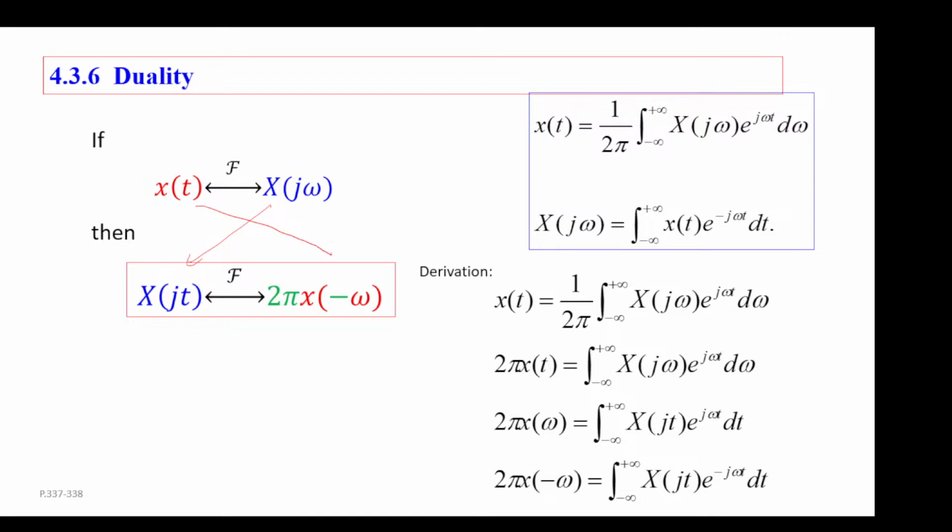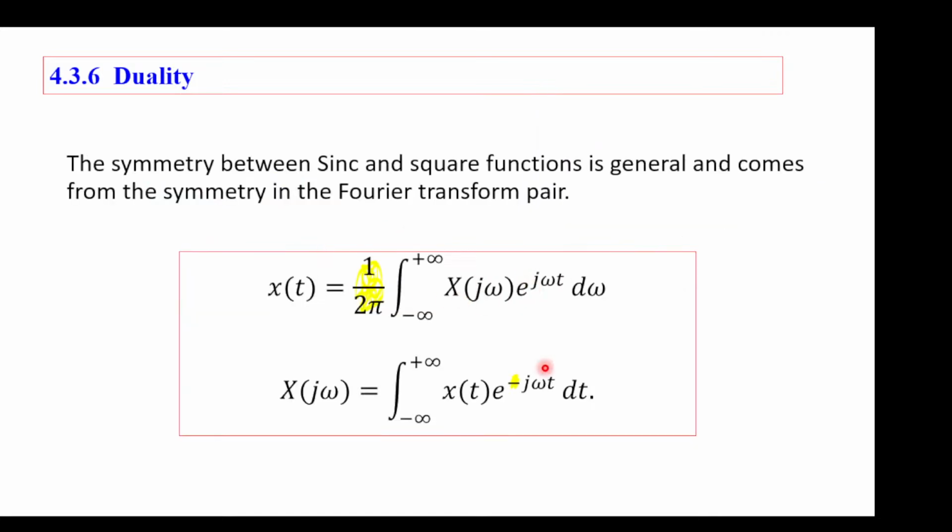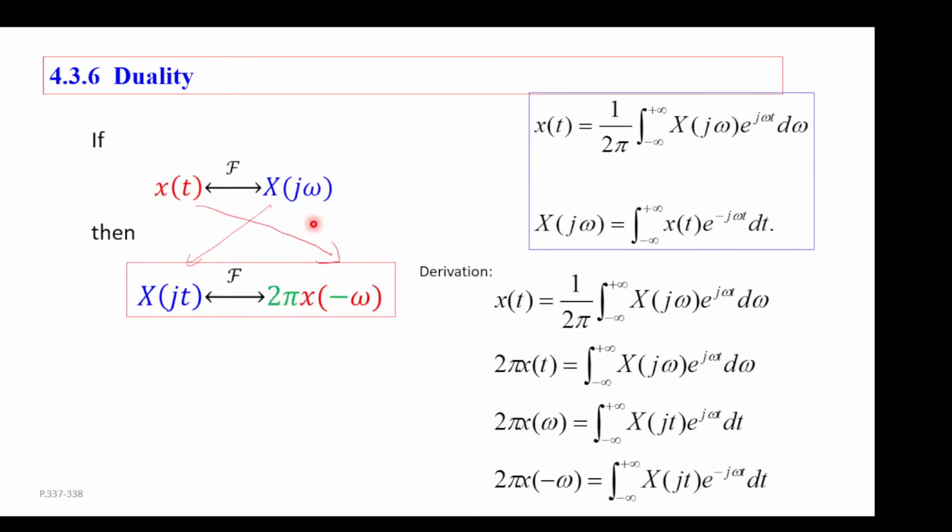Then it will Fourier transform to the small x, but in addition to swapping t to omega, you also put the extra minus sign on your omega and put the extra 2 pi here, and that will account for this extra 2 pi and the extra minus sign here. So an easy way to memorize is, you put big X here and small x here, but you put a minus sign on your omega to account for the extra minus sign, and the extra 2 pi here to account for the extra 2 pi.